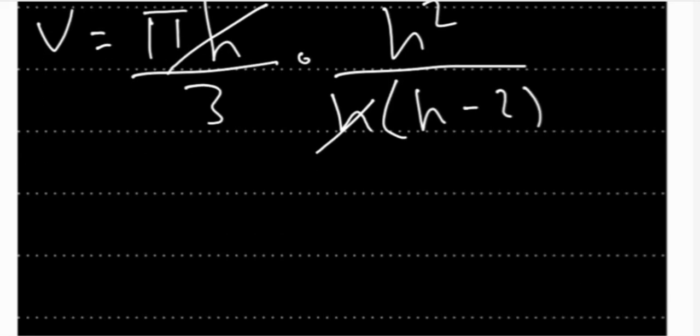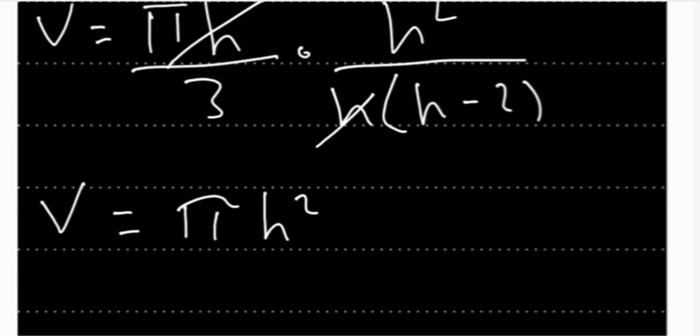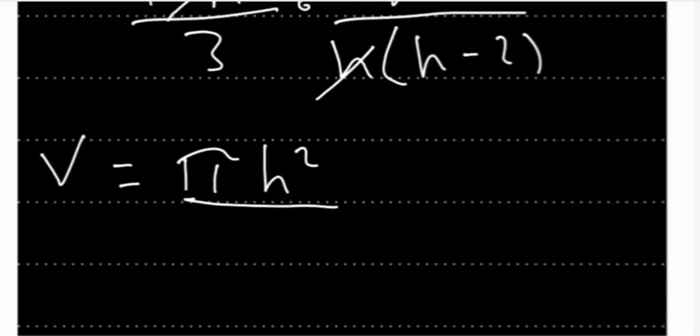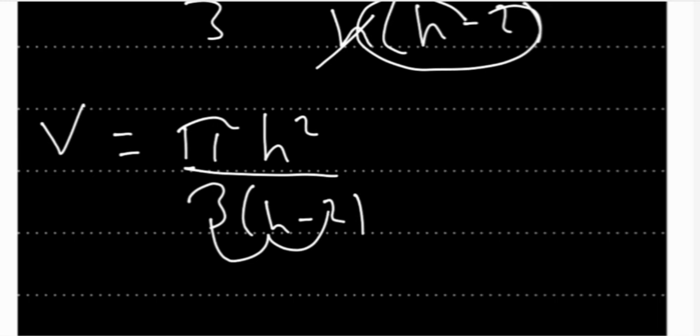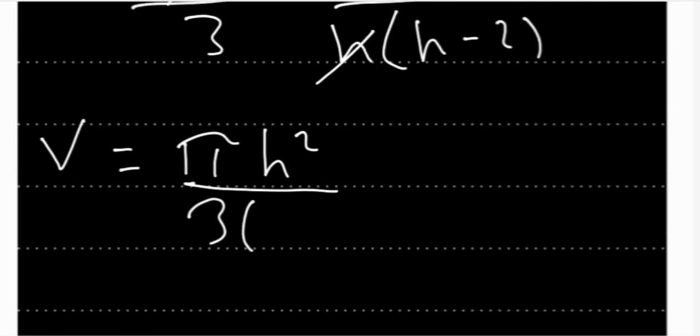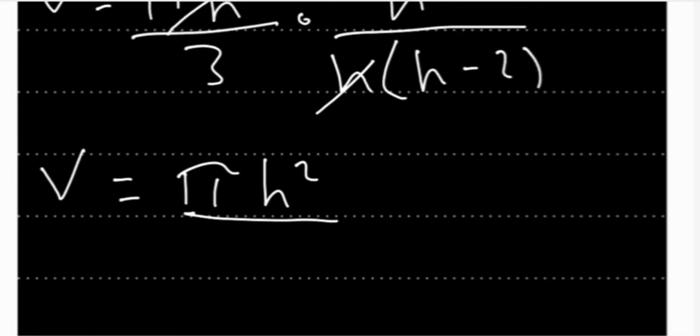So the volume is equal to pi h squared divided by 3 times h minus 2. But let us put the 3 inside: 3 multiplied by h is 3h, minus 3 multiplied by 2, 6.